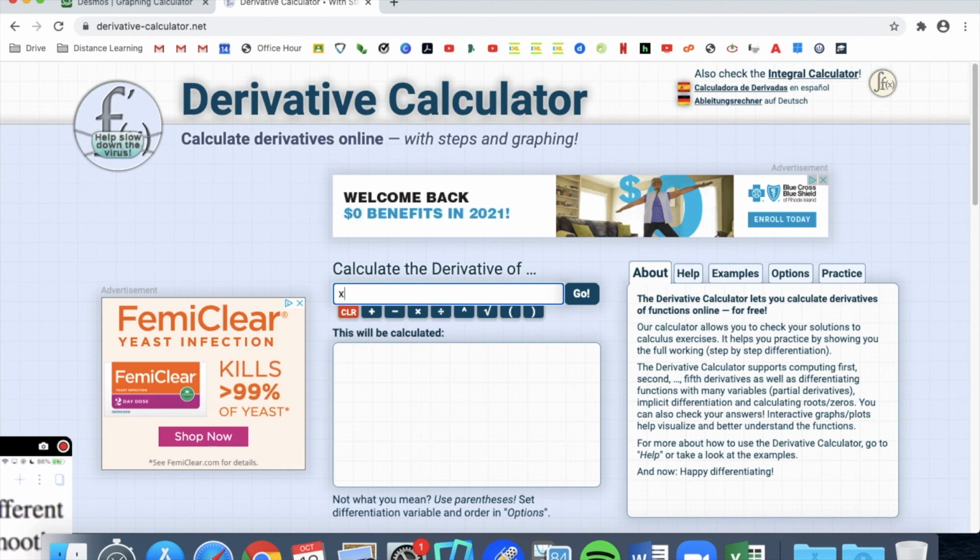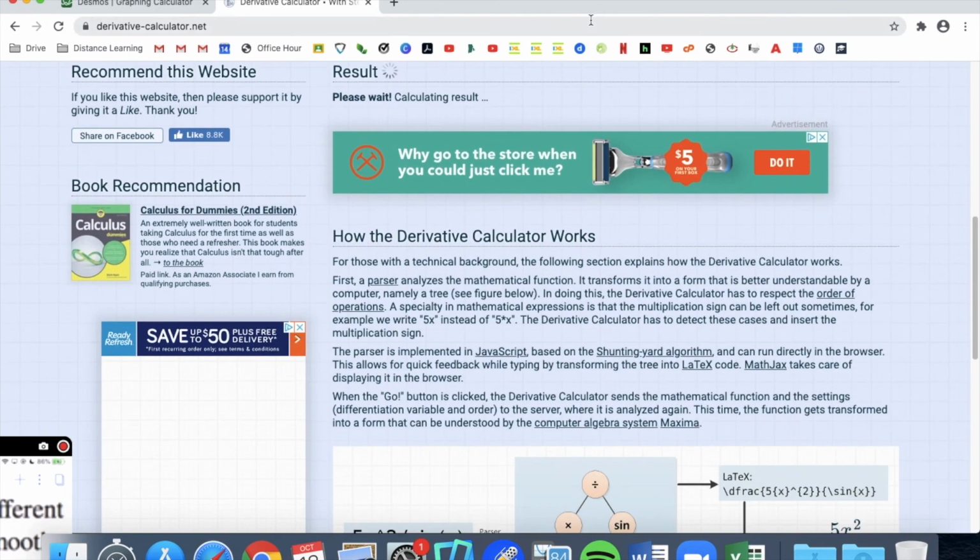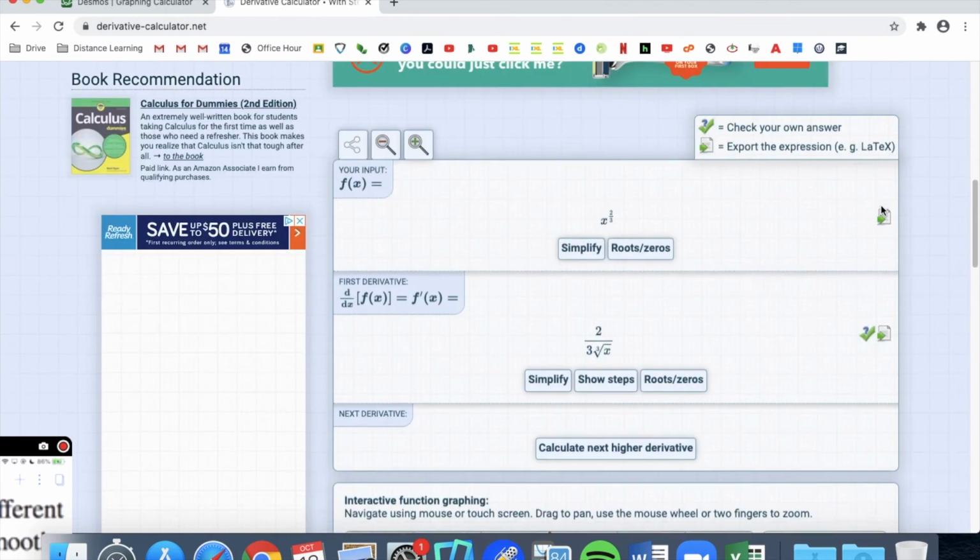Wait, why not x to the 2/3? Oh, because I'm not paying attention. X to the 2/3. I want 2/3 as my fraction. Duh. Okay, sorry. All right, x to the 2/3.